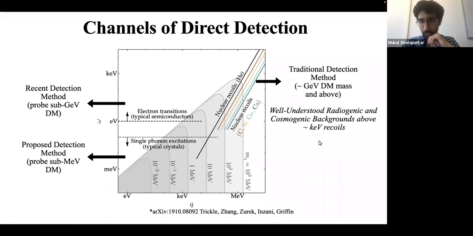On the right-hand side, for these traditional detection methods, as I said, the backgrounds are really well understood above the keV scale. But on the left-hand side, where the signals are eV scale or milli-eV scale and so on, the backgrounds are not yet that well understood.